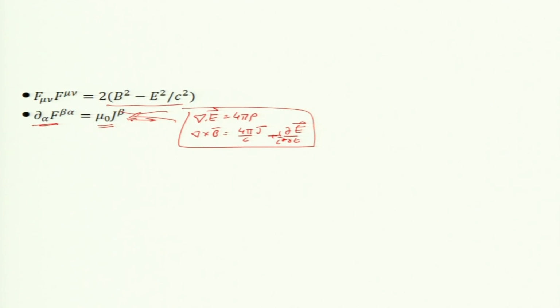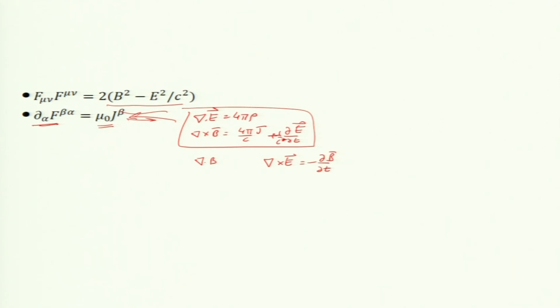The other two equations, which are constraints in fact, are del dot B equals 0 and curl of E equals minus dB by dt. So, this should be plus, I think, right?